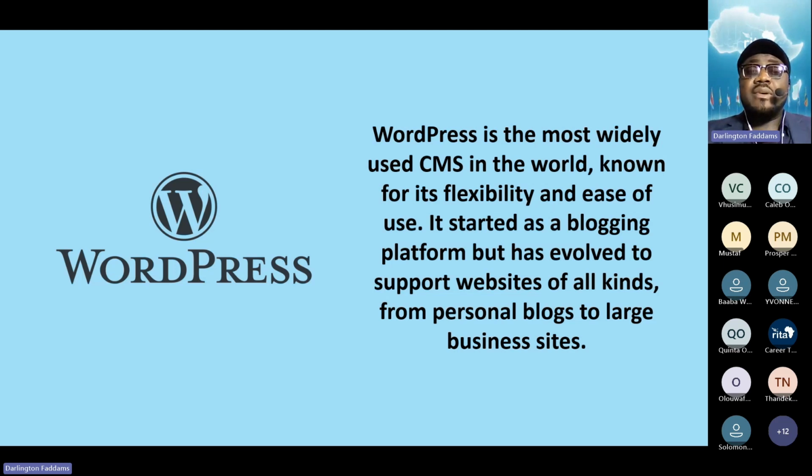So when you create a website on WordPress, you don't get your own domain. Your name is on WordPress. So if your website is about yourself, your own blog, your domain will look like darlington.wordpress.com. Today, it still exists, but it's not that popular. But then WordPress has evolved into something else, and it supports almost every kind of website. And almost half of the websites online today are built using WordPress.